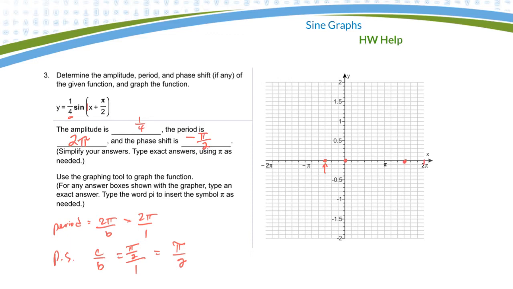And it only can go up to a quarter, or 0.25. That's about there. So the graph will go up and down, something like that. I think with the graphing tool that they have, they allow you to type these answers in, and it affects the graph.